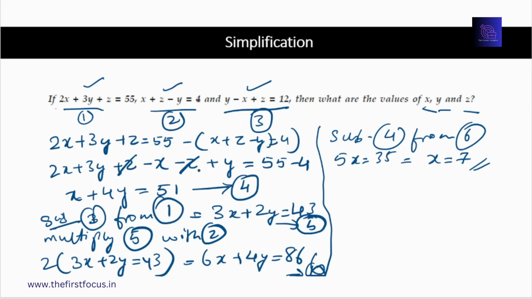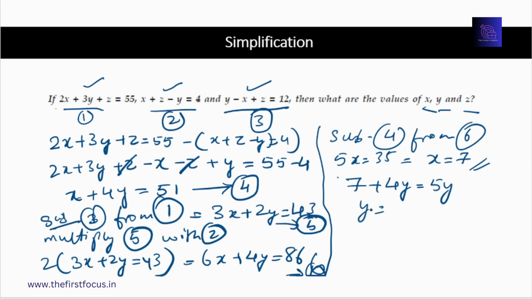So what I'm going to do is take x plus 4y is equal to 51. I'm going to put the value of x, that is 7, in equation 4. 7 plus 4y is equal to 51.